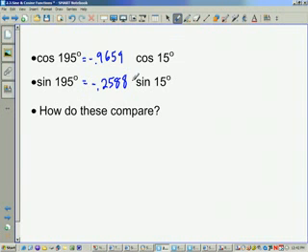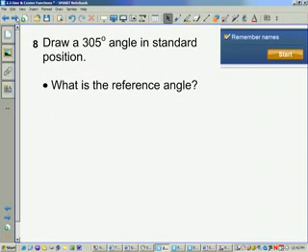And now when I take the cosine and the sine of my reference angle, cosine of 15, I get 0.9659, and the sine of 15 I get 0.2588. So here, over at 195 degrees, both of these are negative, but the reference angle values are positive. But you can see that the numbers are exactly the same, other than the sign in front of it.